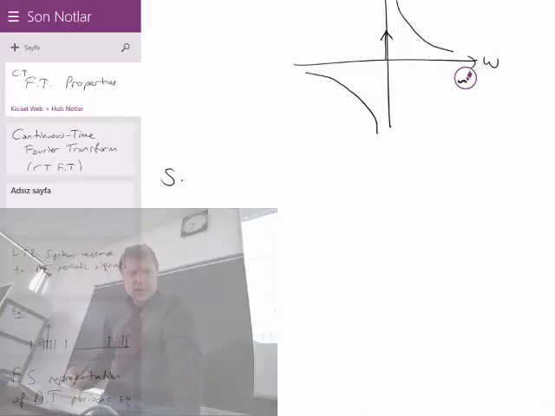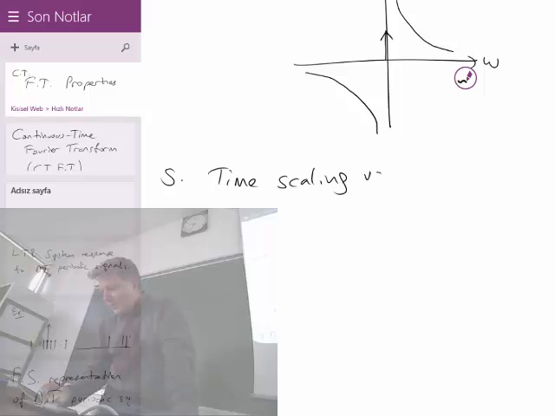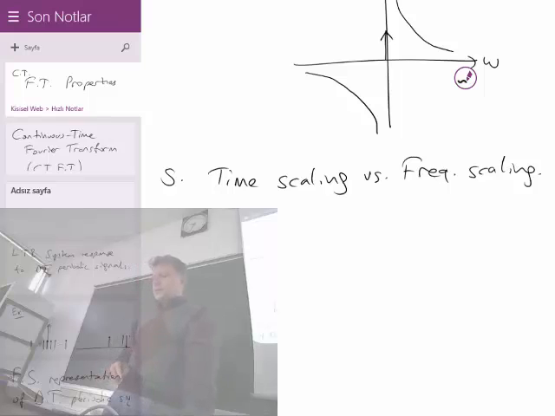which is time scaling versus frequency scaling. And this property I had already mentioned. It was inside one of the examples. It simply says that if you squeeze the time signal, you have to expand the frequency Fourier transform signal, and vice versa.